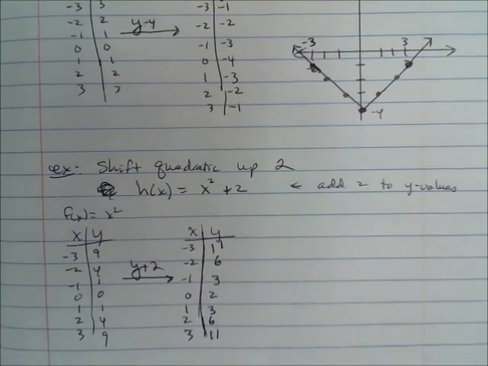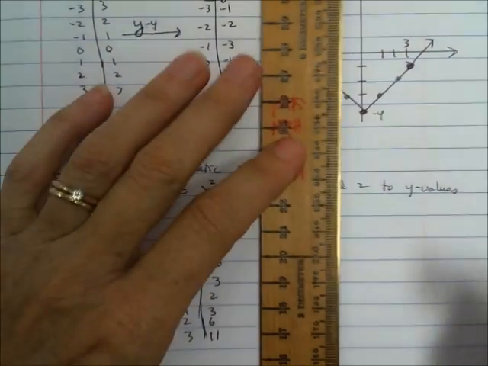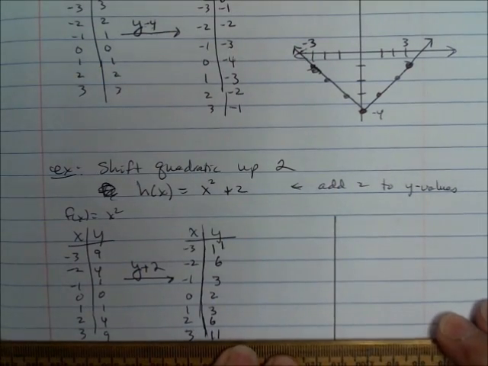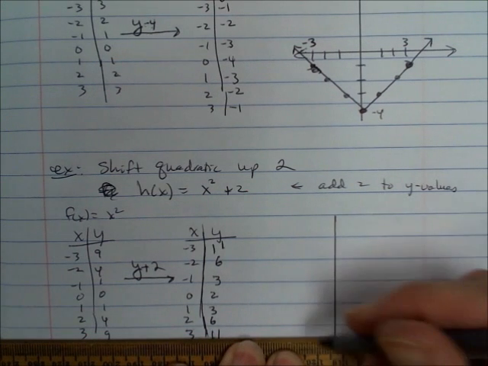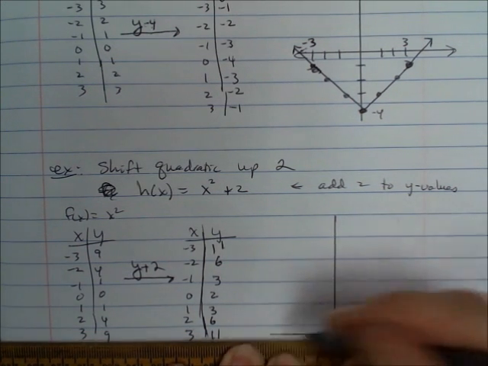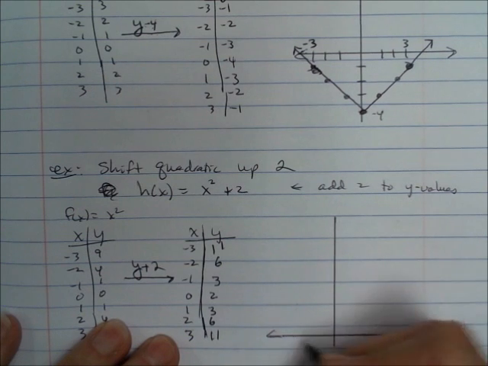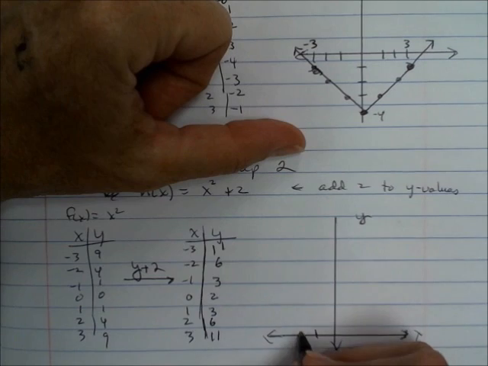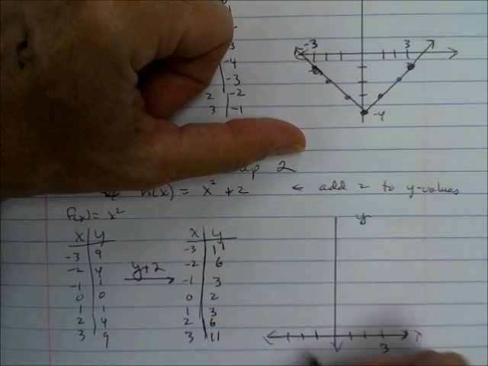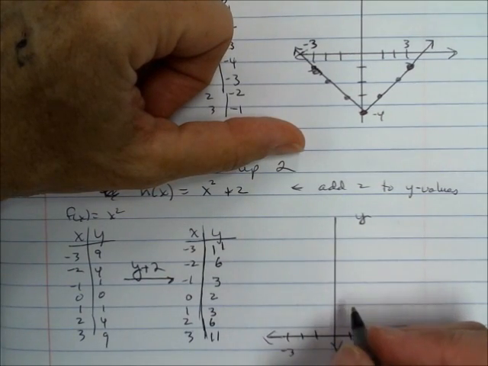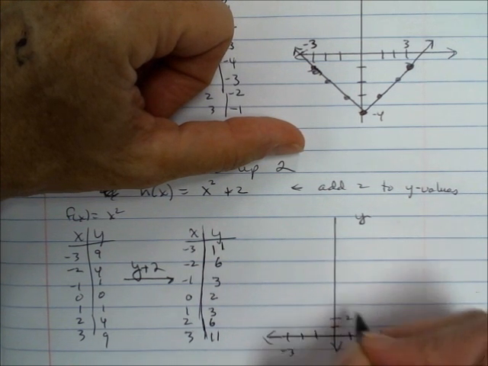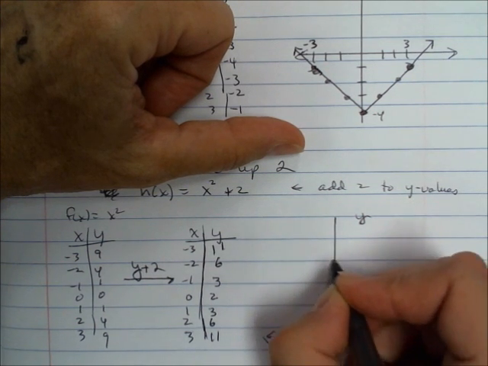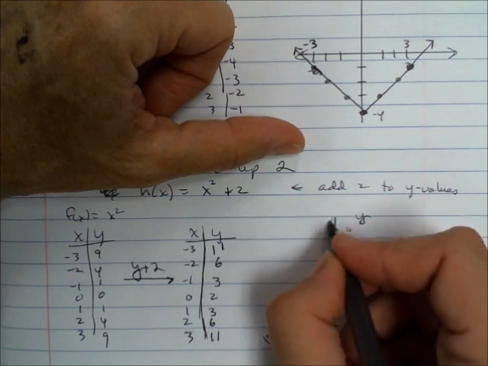So it looks like it's going to go up to 11. So we've got to do a pretty tall y-axis here. We don't need to go underneath the x-axis at all. So we have x's going back to negative 3 and out to 3. And y's are going up to 11. 1, 2, 3, 4, 5, 6, 7, 8, 9, 10, 11.